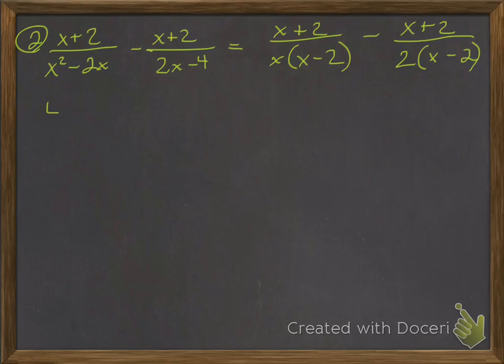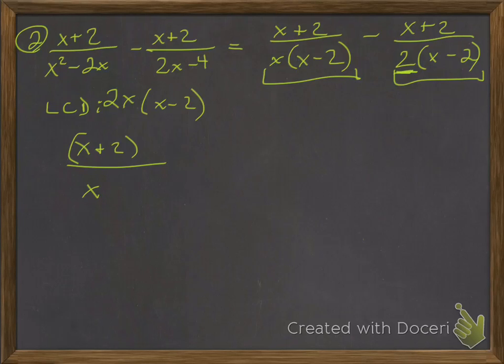So to find my least common denominator, okay, I'm going to start with one of the denominators, x times x minus 2. Now what's in this second one that isn't already in the common denominator is just the 2. I already have the x minus 2 in my LCD. All I need to do is multiply that 2 to it. So my least common denominator is 2x times x minus 2.